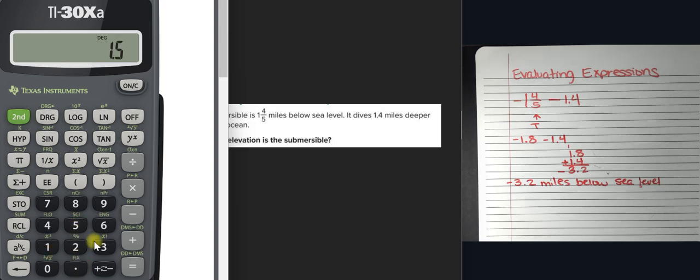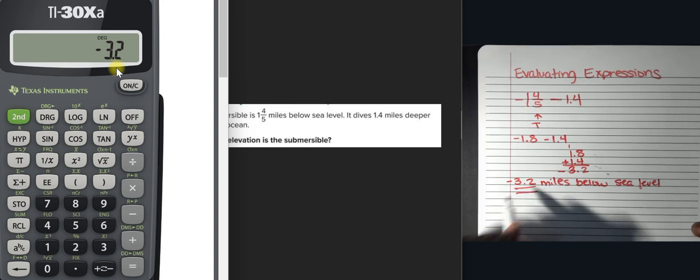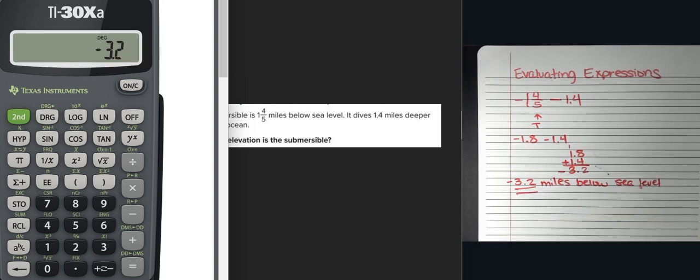All right. And then here's our answer. And it automatically converted our fraction into a decimal because it realized that it was a terminating number. And so it did the work for you. So it's the same thing that we have here. So it is negative 3.2 miles below sea level.